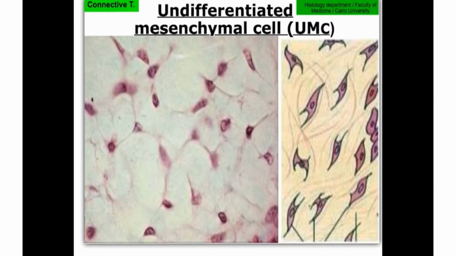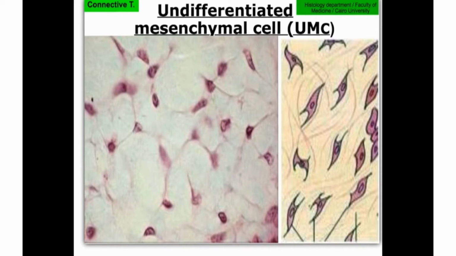This is the first one of the fixed connective tissue cells, which is called the undifferentiated mesenchymal cell. For each cell, you should remember the site, LM, EM, and the functions. First, as regards the site, these cells are present in the connective tissue of the embryo. In the adult, they remain in certain tissues to act as a reserve.